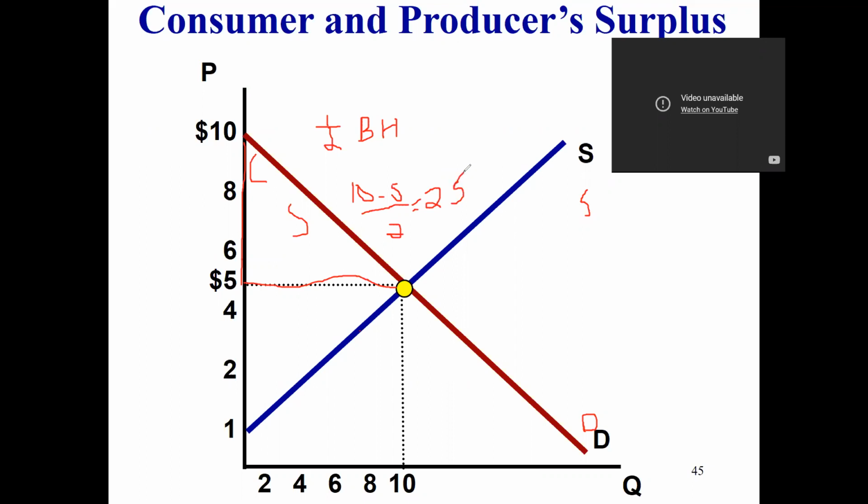Anyone have any questions? Okay. I want to give you a minute, after going over this, to see if you could figure out producer surplus.